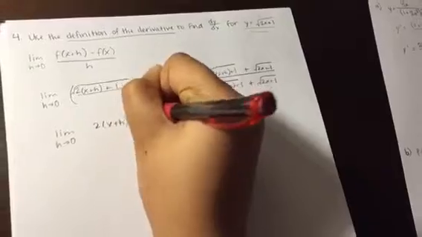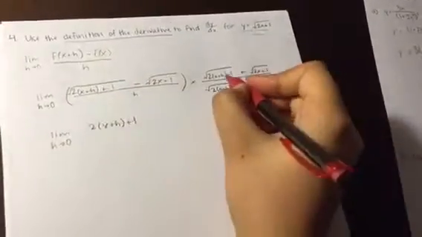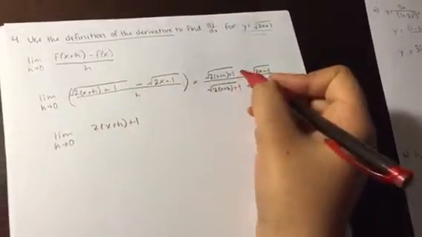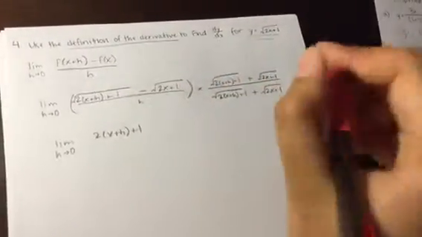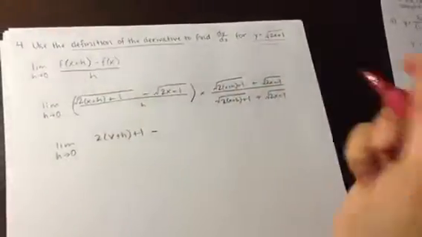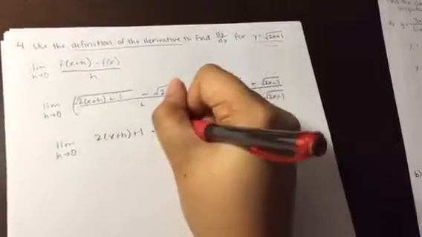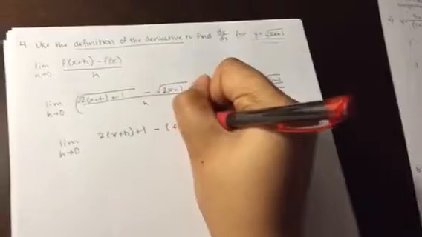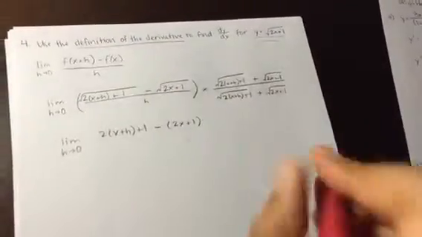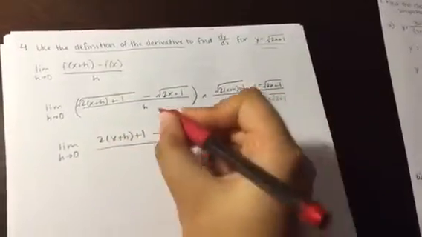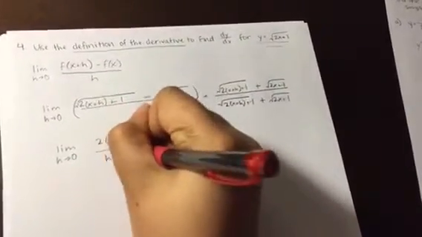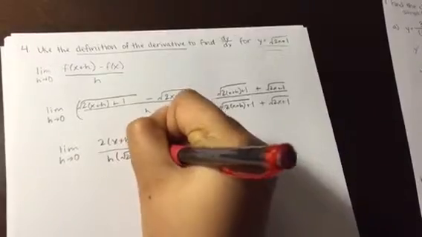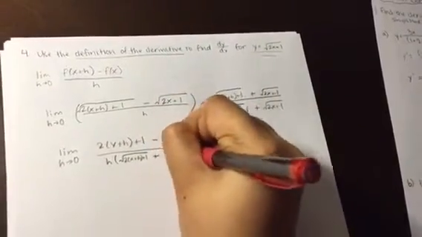Because when you multiply these, you're multiplying square rooted amounts, and when you multiply square roots together, it'll give you the whole amount. So then you subtract this by, when you multiply these together, you'll just get 2x plus 1. And then all of this is over h times the square root of 2x plus h plus 1 plus the square root of 2x plus 1.